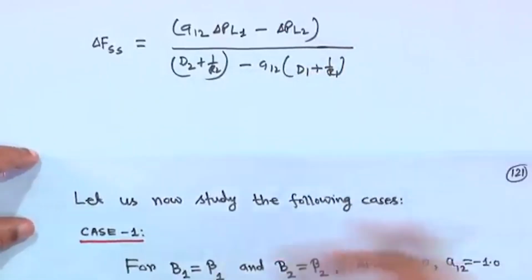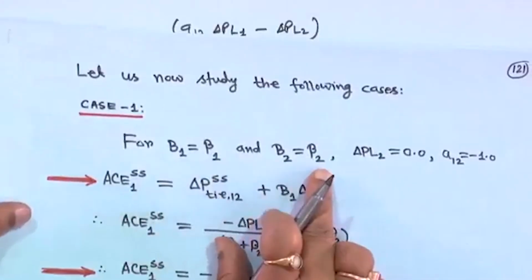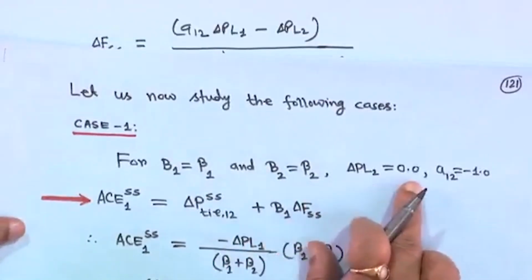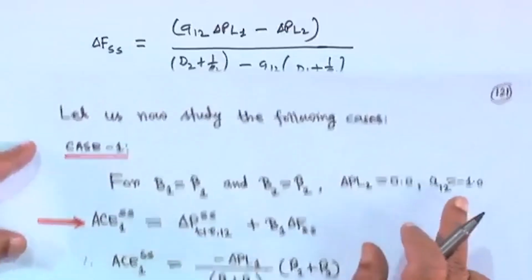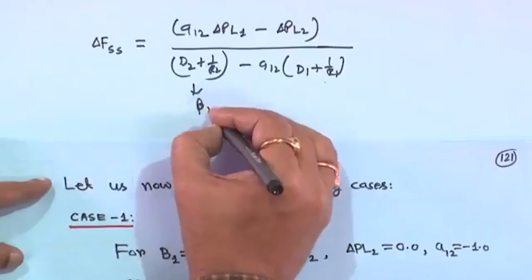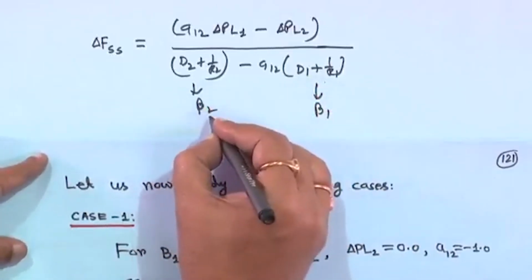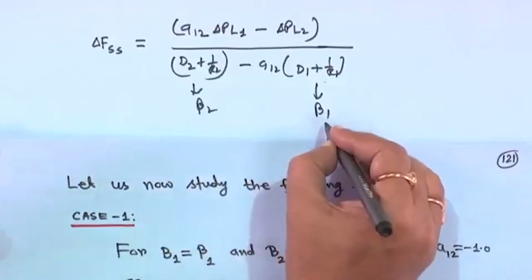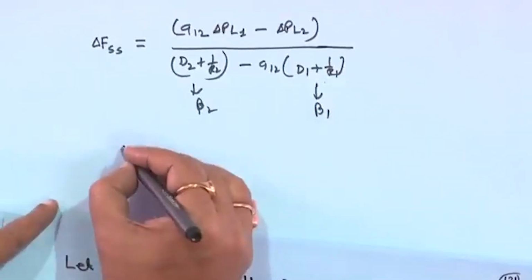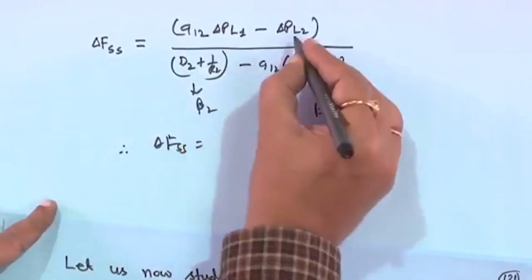Now, we know this is actually beta 2, this is actually beta 1, and we have taken here B1 is equal to beta 1, B2 is equal to beta 2, delta PL2 to 0 and A12 minus 1. So if you substitute here, this is your beta 2 and this is your beta 1.